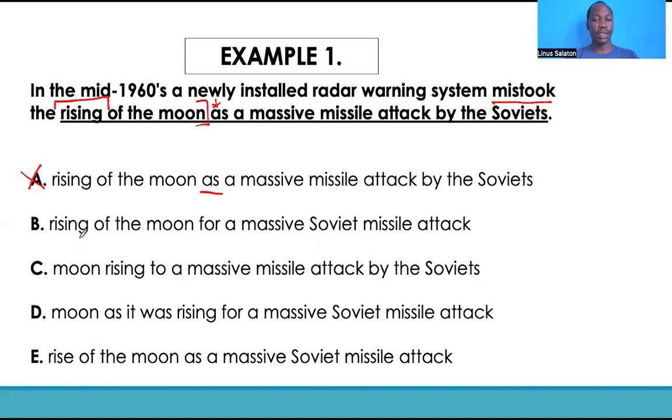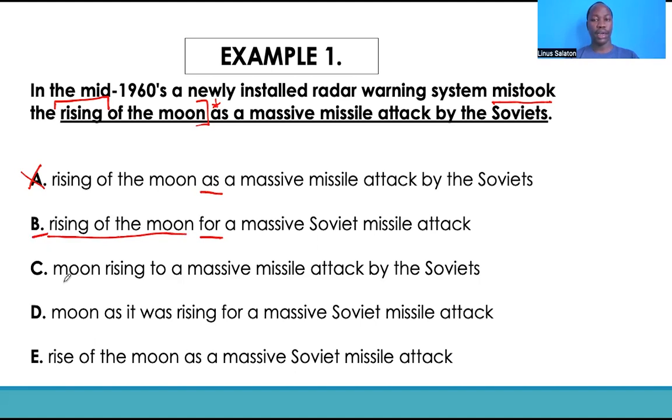Okay. Answer choice B, rising of the moon for a massive Soviet missile attack. Yes, this follows the correct idiomatic construction. Furthermore, our gerund in this noun phrase is in the correct structure. So we could keep B for the moment, then examine it later.